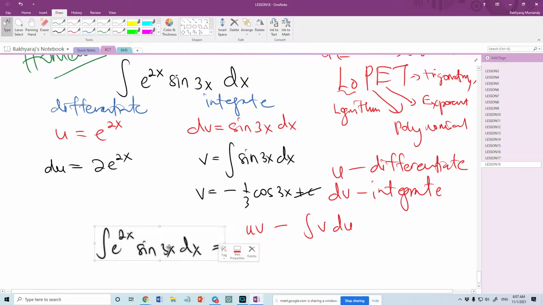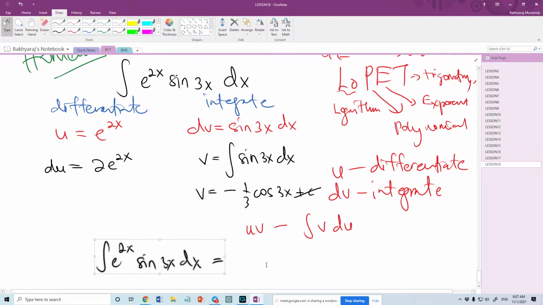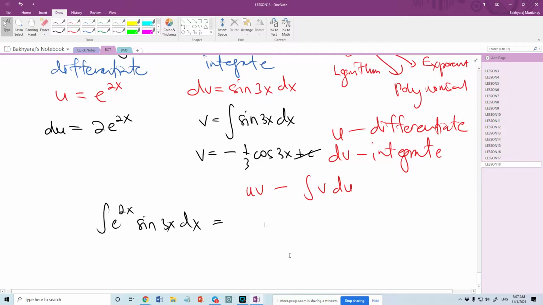Next I continue with the substitution. u is exponent 2x, so u is here, and v is negative 1/3 cos 3x, minus, what about v?